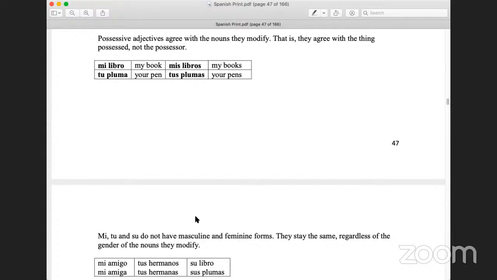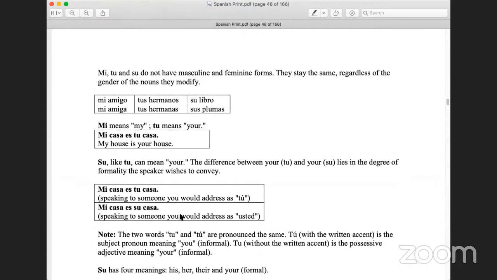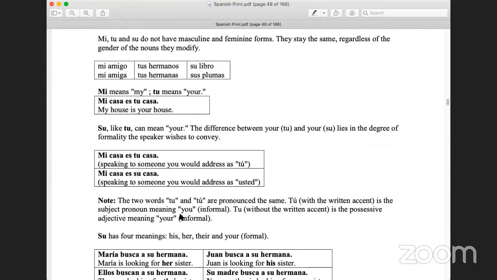For the black cat. Mis libros, my books. Tus plumas, your pens. Yes, mis libros, my books. Yeah, that's going to be tough to remember. That rule makes sense though. Interesting. Tus plumas, your pens. Yeah, the black cat. Oh, I did say it eventually.